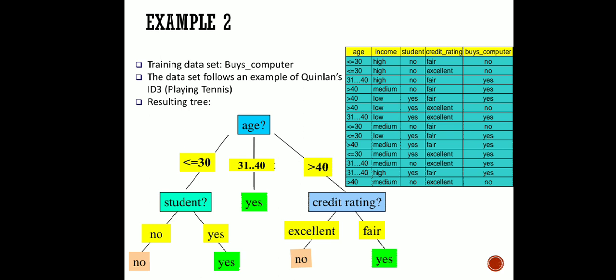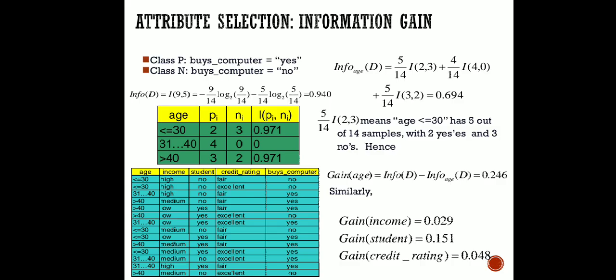I am not going to get into the details because we know how to select the root node. We have to find out the information gain of each attribute, that is age, income, student, and credit rating. If you work through this example, you can see the gain of age is 0.246, for income it is 0.029, for student it is 0.151, and for credit rating it is 0.048.